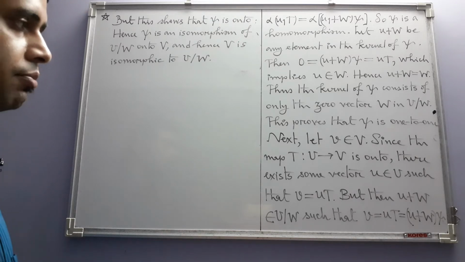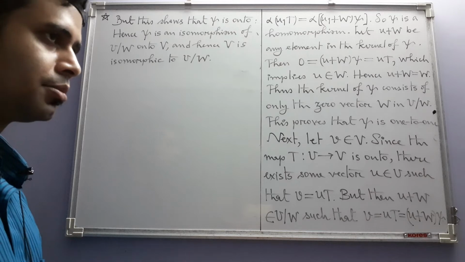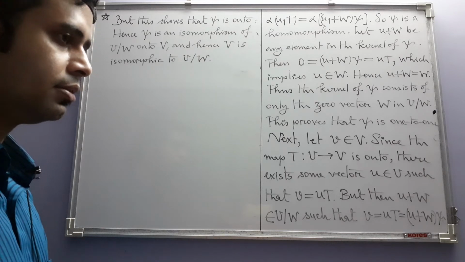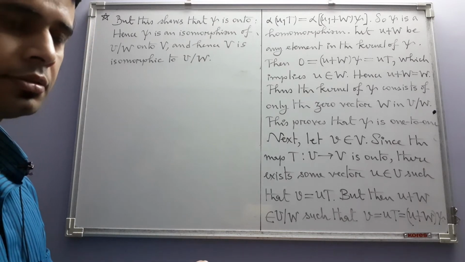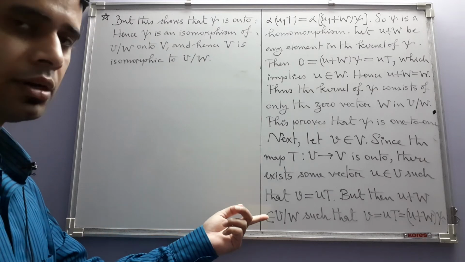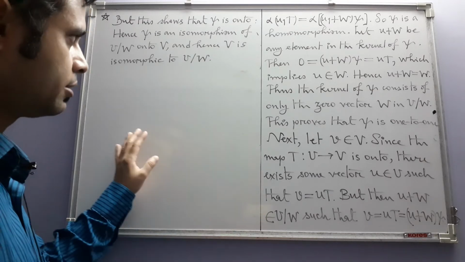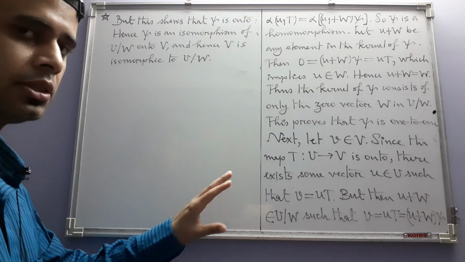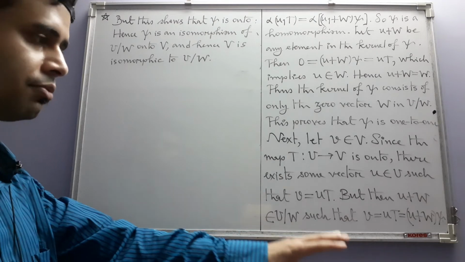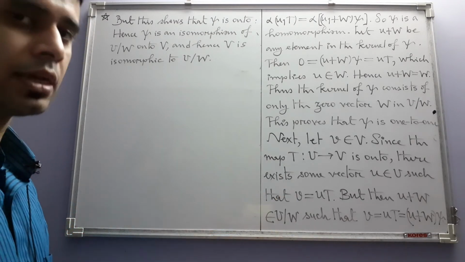Like that, there is a one-to-one correspondence between the homomorphic images of a ring and its ideals. Now the result we have proved just now shows that there is a one-to-one correspondence between the homomorphic images of a vector space and its subspaces.